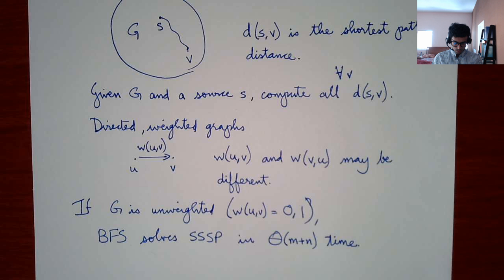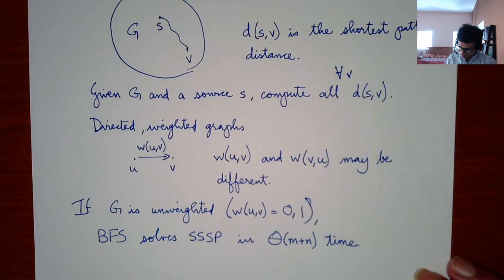Because we initialize the predecessor array to all null, that's the O(n), and then we can run BFS from S and we get a solution. And today what we're going to look at is how does one solve SSSP, single source shortest paths, in weighted graphs.